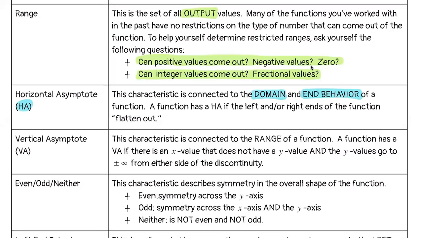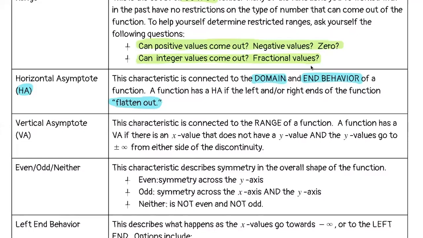So we'll know that a function has a horizontal asymptote if the left or right ends of the function look like they flatten out, okay? That's why I was really picky about the log graphs. We don't want that to flatten out because it doesn't have a horizontal asymptote. It actually keeps going up forever and ever, okay?